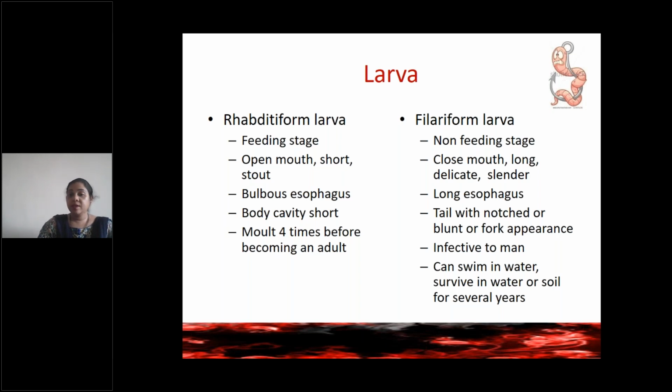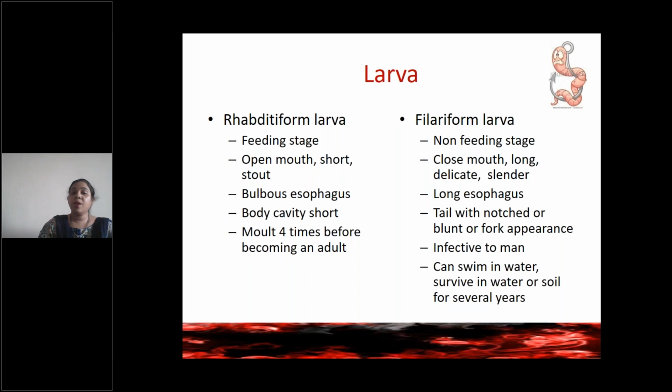Whereas filariform larva is the non-feeding stage. Rhabditiform larva is the feeding stage, whereas filariform larva is the non-feeding stage. The mouth of filariform is usually closed and they are usually long and slender, whereas in rhabditiform, the mouth is open.